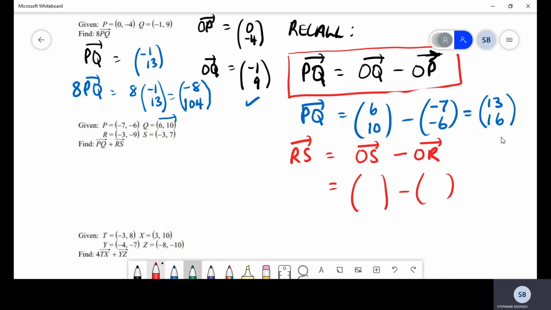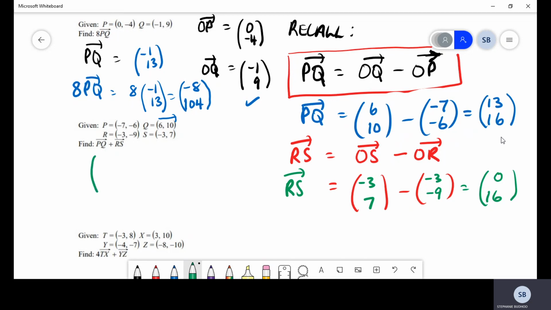O to S is -3, 7, and O to R is -3, -9. Nice. So we do our simple calculations: -3 subtract -3 gives us 0, and 7 subtract -9 gives us 16.